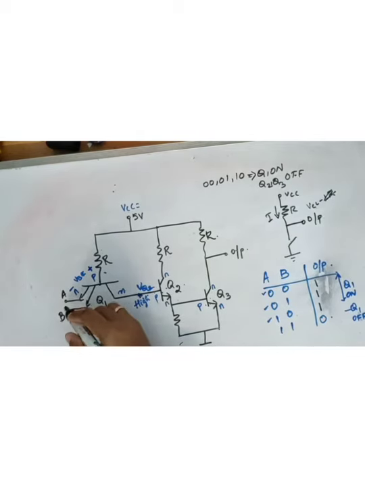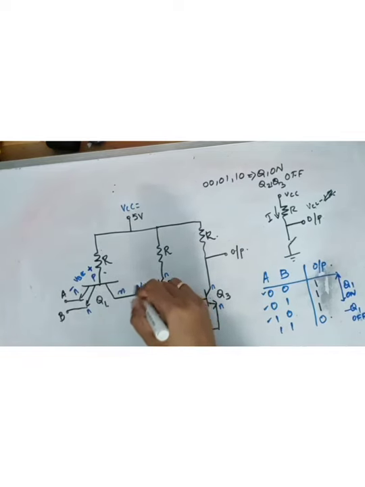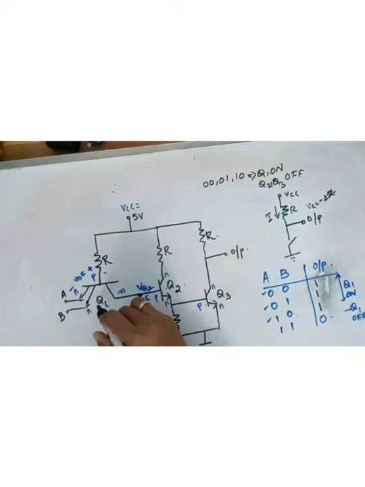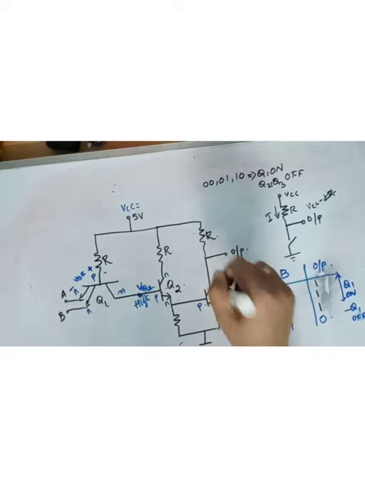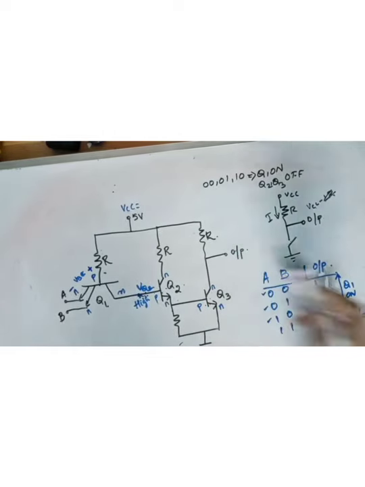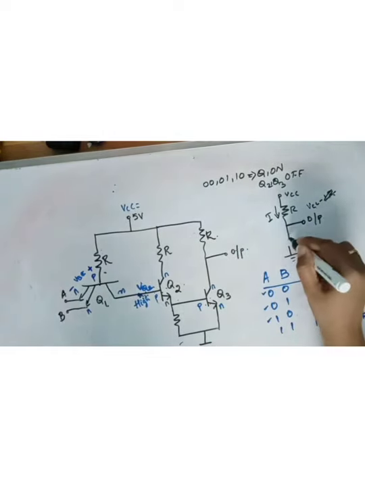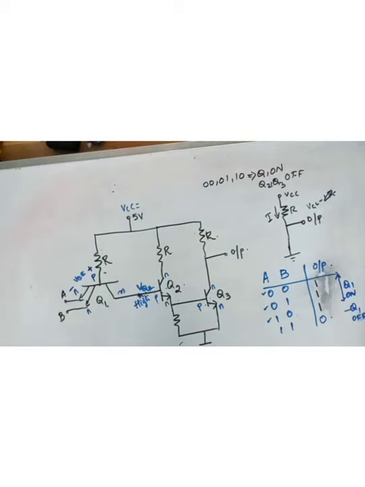And in the last case, when both are equal to 1, here you have Q1 off. Q1 off means here you have high. High means Q2 and Q3 are on. Q2 and Q3 on means this will act as a closed circuit. So this is VCC minus I into R. You have a current flowing because this is a closed circuit. And what is the current?